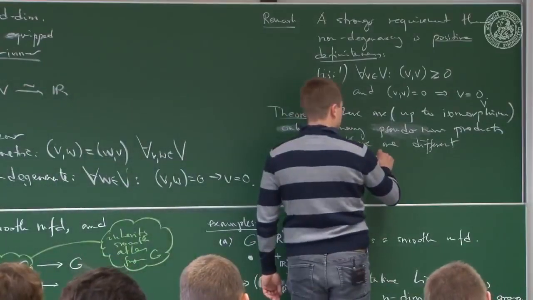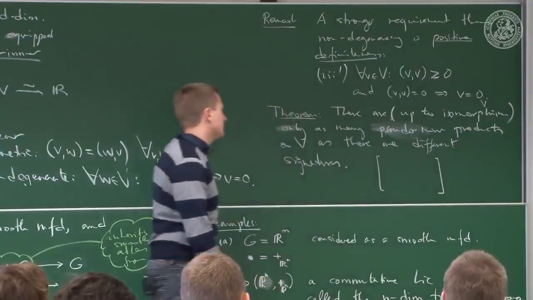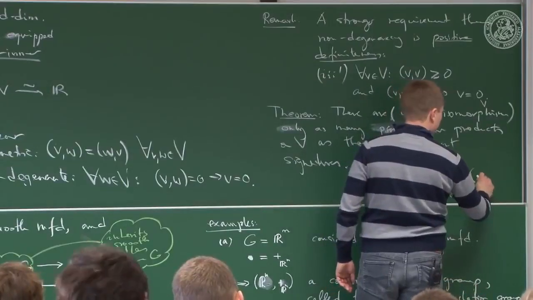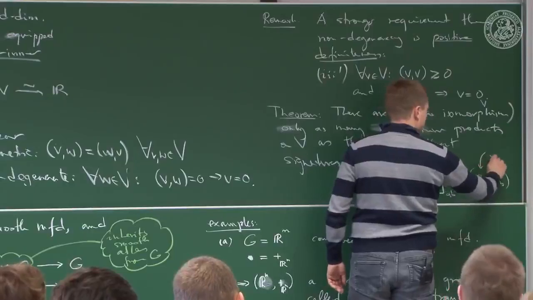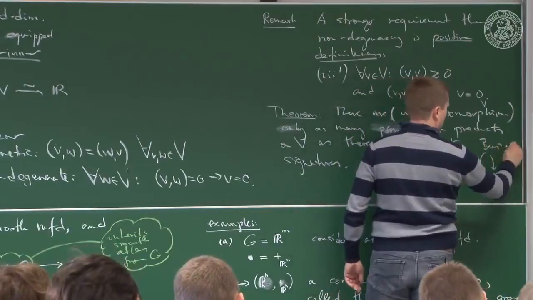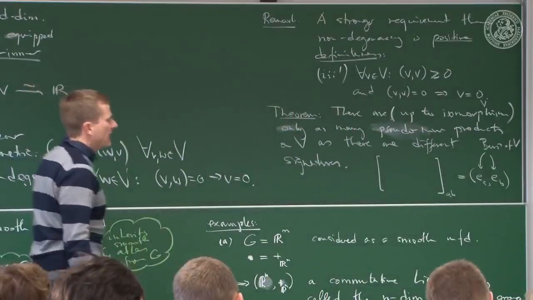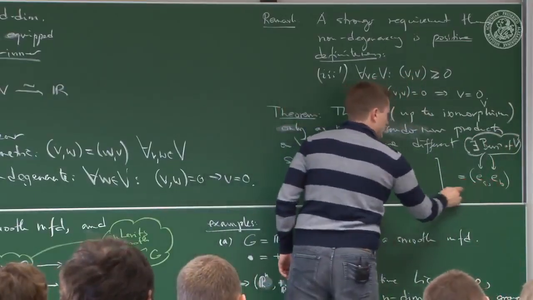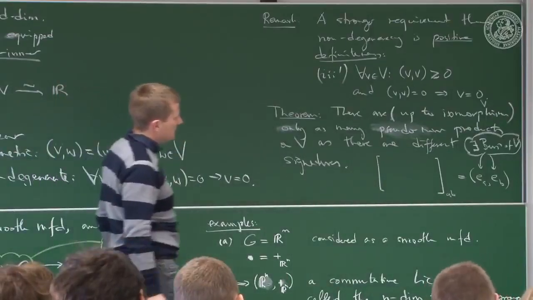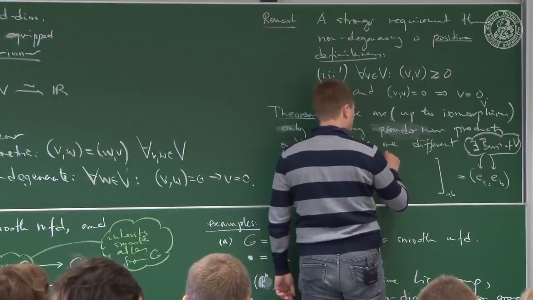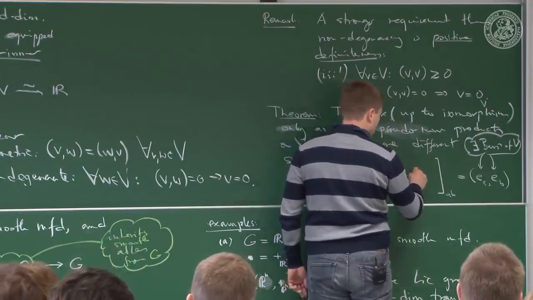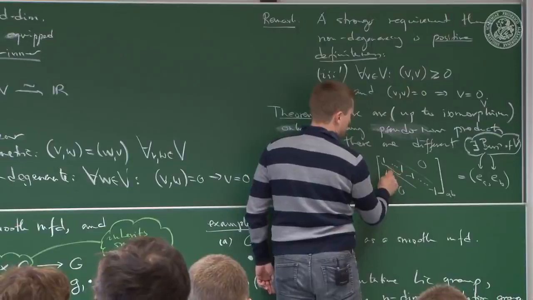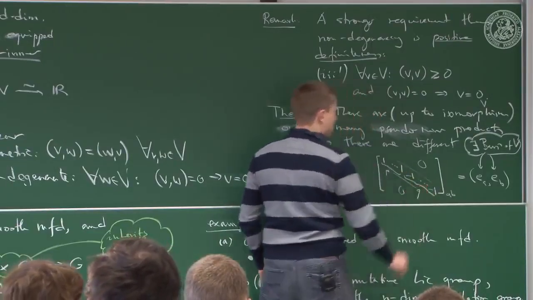It tells you that you can always bring the matrix defining the inner product, so if you choose a basis of V, then you can always find a basis, so I should say there exists a basis of V, such that the components of this inner product take the following form: 1, 1, and then come minus 1, minus 1, and all the rest are zeros, and the signature is the number of ones and the number of minus ones.